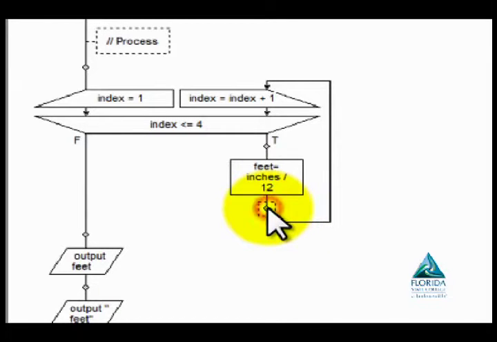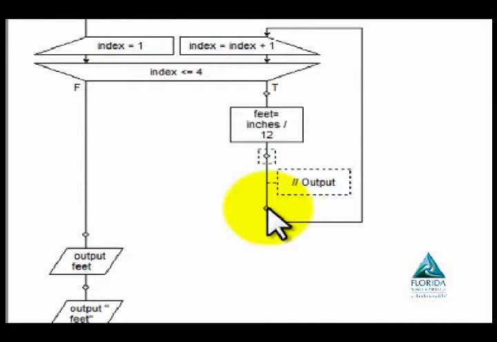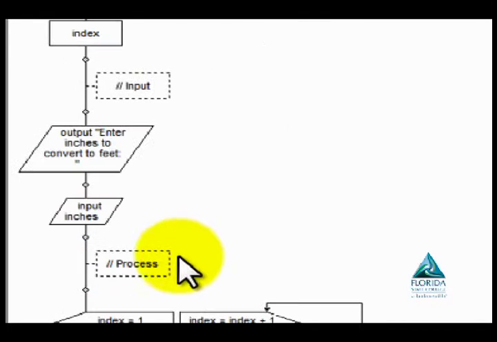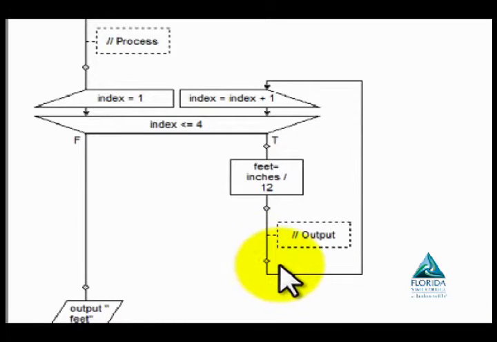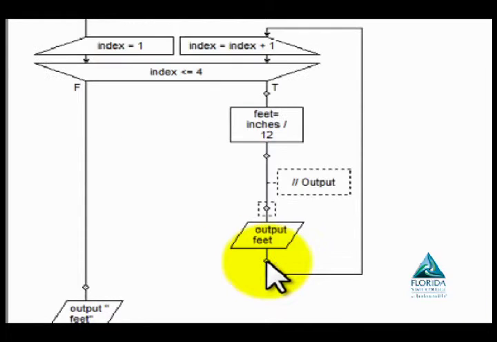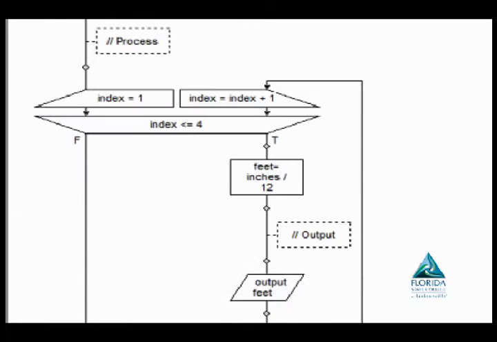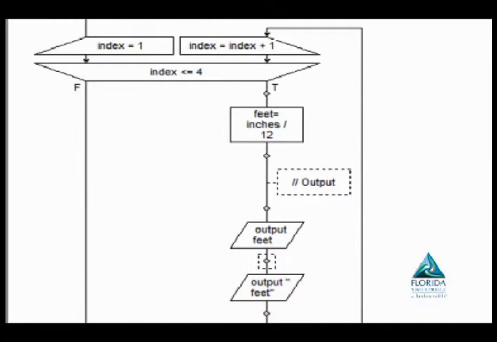Click it here, and there's my control V comment. I'll select my feet output and control X to move it, and control V to paste it there. Here's my label. I'll control X and control V to paste it there.